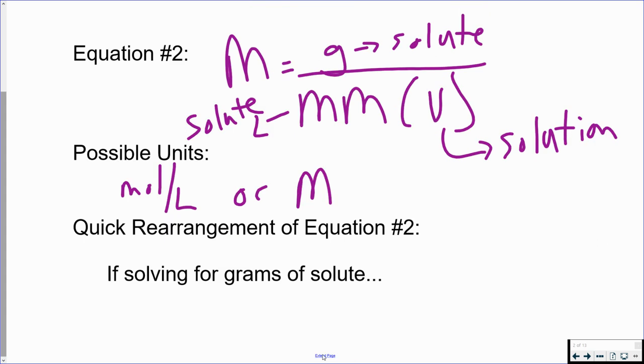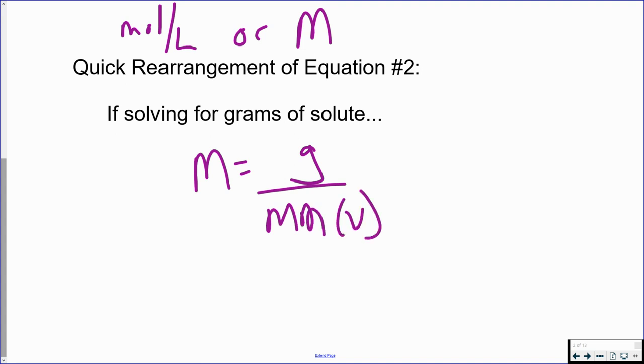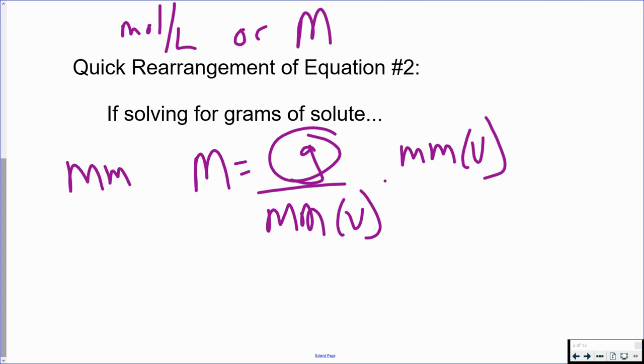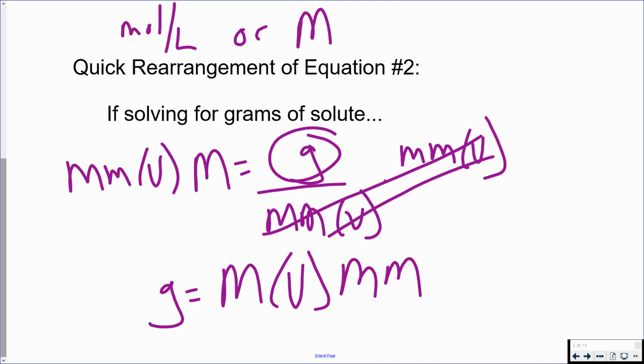If I ever asked you to solve for grams, how you rearrange it is, okay, you start with M equals g over MM times V. So you want to get this by itself, so you're going to multiply each side by MM and V, giving you grams is equal to molarity times volume times molar mass.